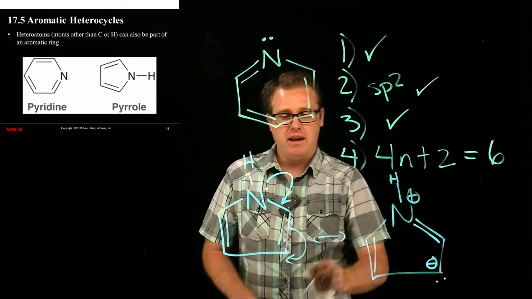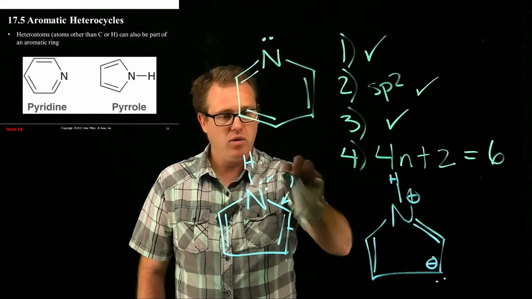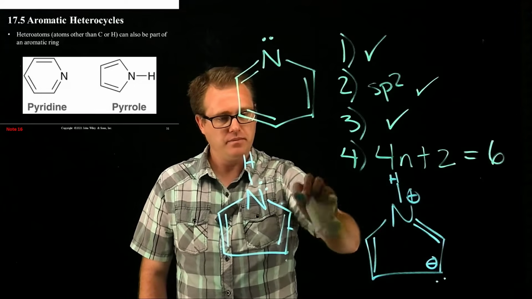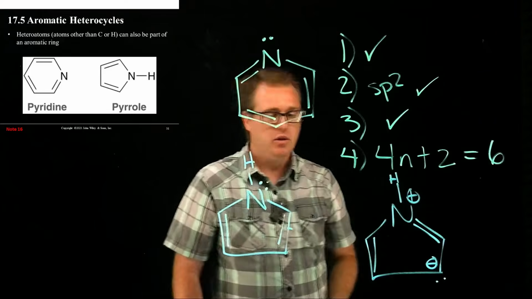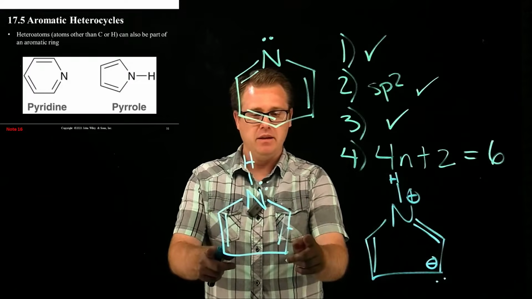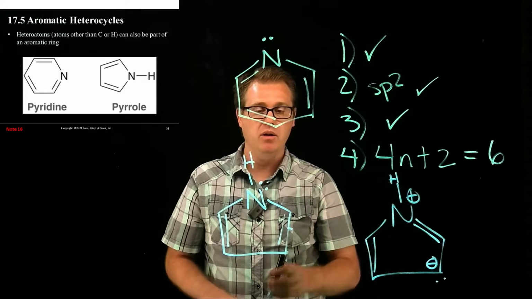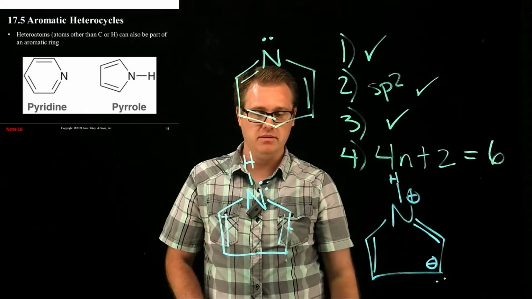Now here's the trick. Do we count the lone pair or not? Well, when you look at this structure right here, do you see how there's no double bonds connected to the heteroatom when there's a lone pair present?